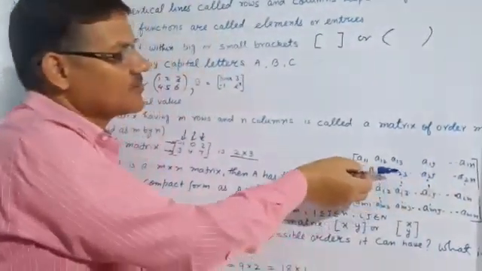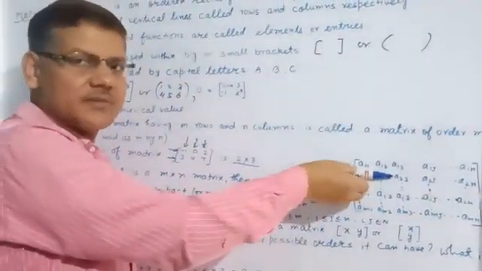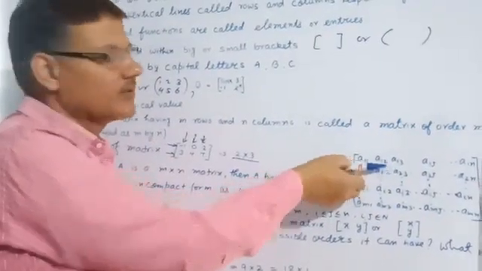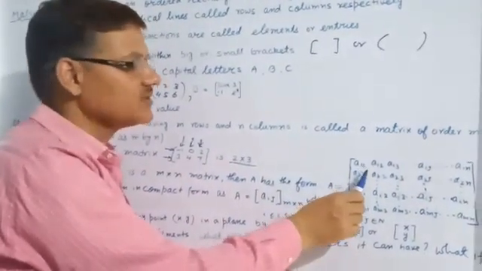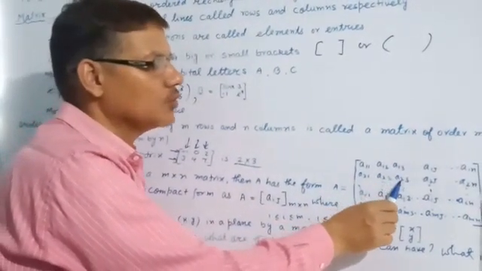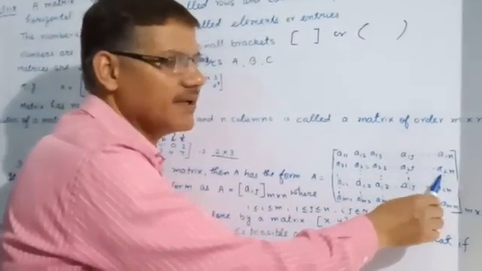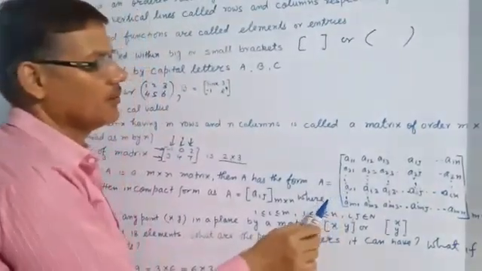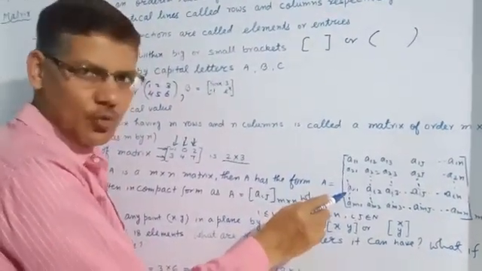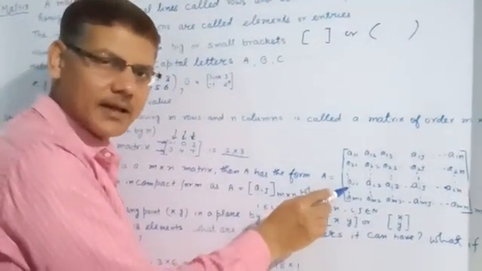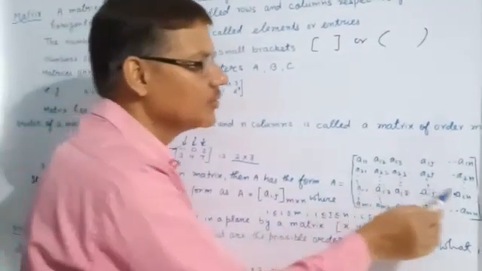When we start with the second row, then the first suffix should be 2. So starting from a21, a22, a23, a2j and the last one, that is a2n. Similarly, when we are going to write the ith row, the first suffix is i and the second changes from 1 to n.